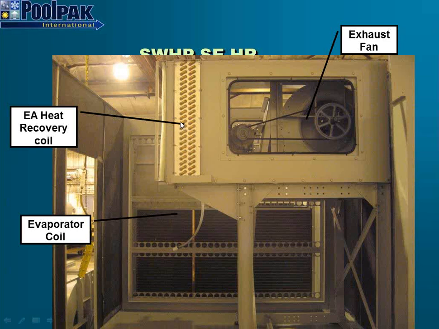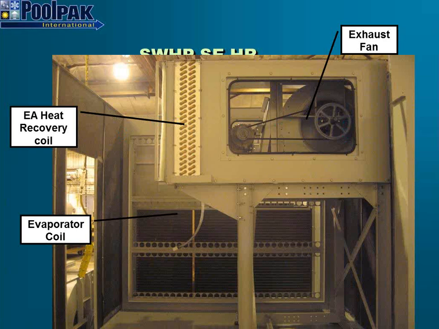Another feature on the unit that we just looked at is the addition of heat recovery coils. The HR unit has a coil before the exhaust fan, and what we're doing here is we're taking exhaust air going through the coil, exhausting outside.